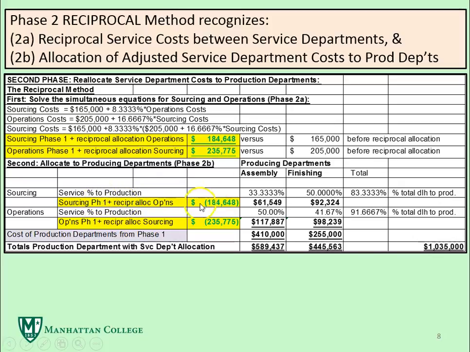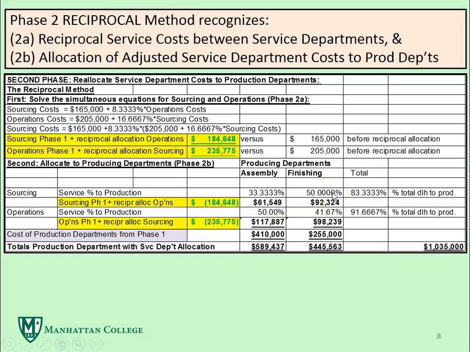Second, once you do that, take the adjusted amounts for the sourcing department, which have the reciprocal allocation, and allocate it using the percent of total direct labor hours to the production departments. So we know that the sourcing department spends 83.3333% of its time supporting assembly and finishing.